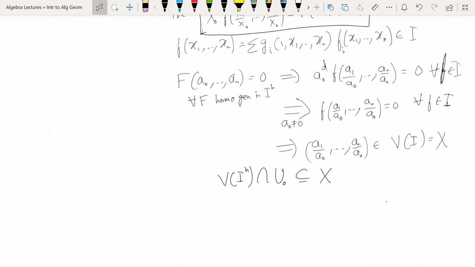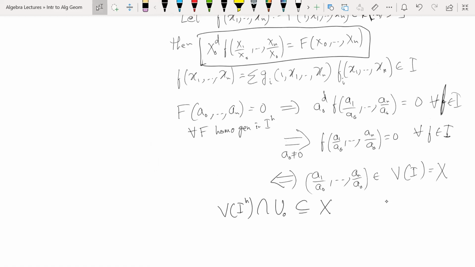If (a1 over a0, ..., an over a0) belongs to V(I), which is the same as X, then that is the same as saying that f(a1 over a0, ..., an over a0) is equal to 0 for all f in I. So now I'm starting with some arbitrary element in X, and I want to show that it is in U0 intersection V(IH). So a0 power d times f(a1 over a0, ..., an over a0) equals 0 for all f in I, where d is the degree of f.